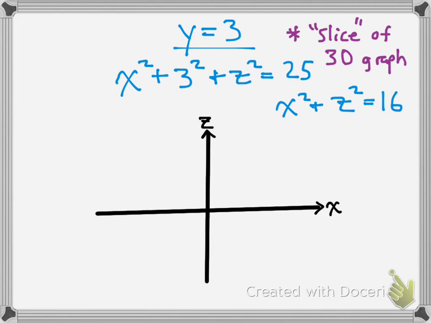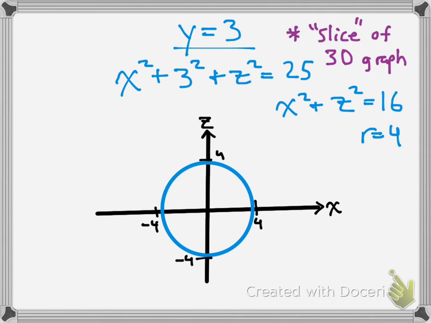So the radius is 4 this time. Okay, so at this portion of the sphere, the radius is 4. Same kind of structure for knowing it's a circle, so you could graph it as a circle. And you get this. So now remember the radius is 4, and then you just have another complete circle. So this is another slice of the graph here.